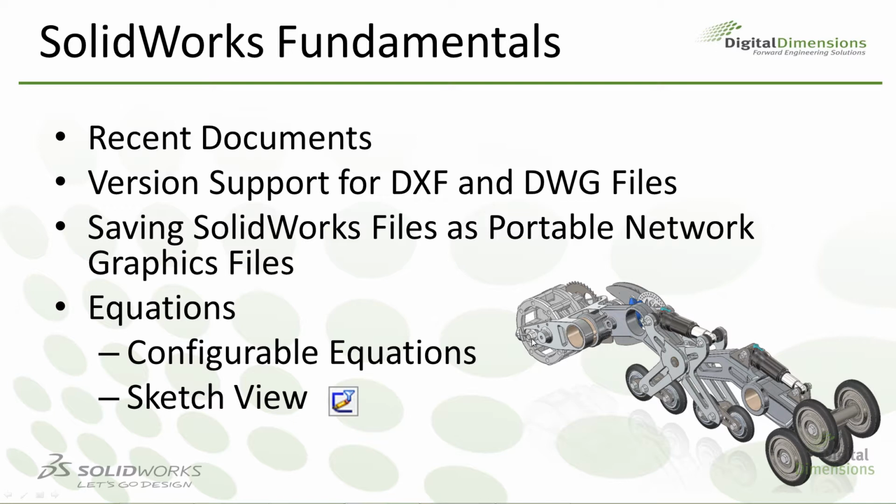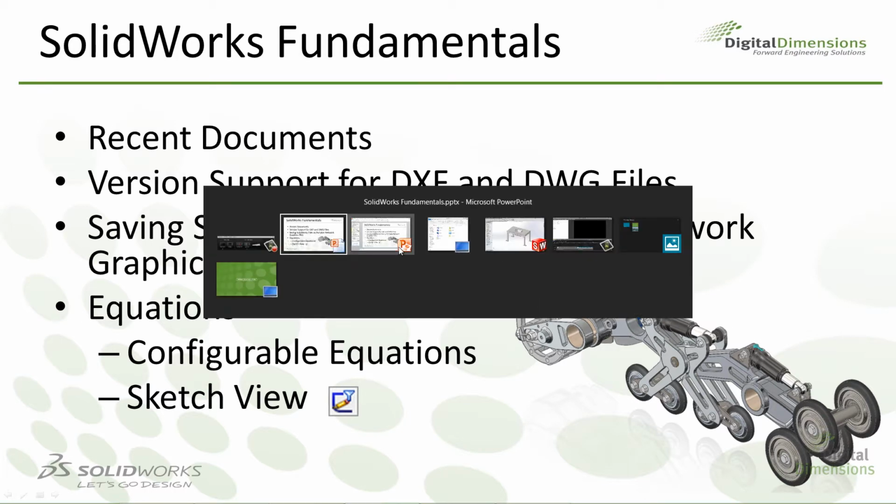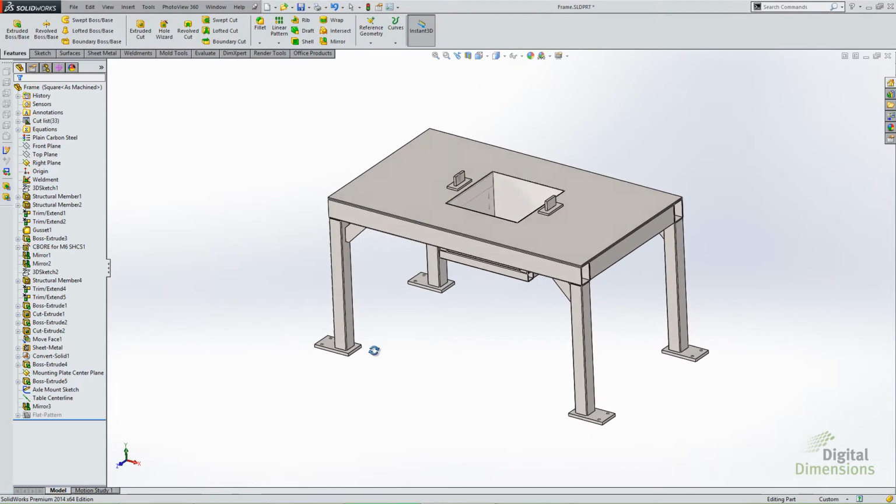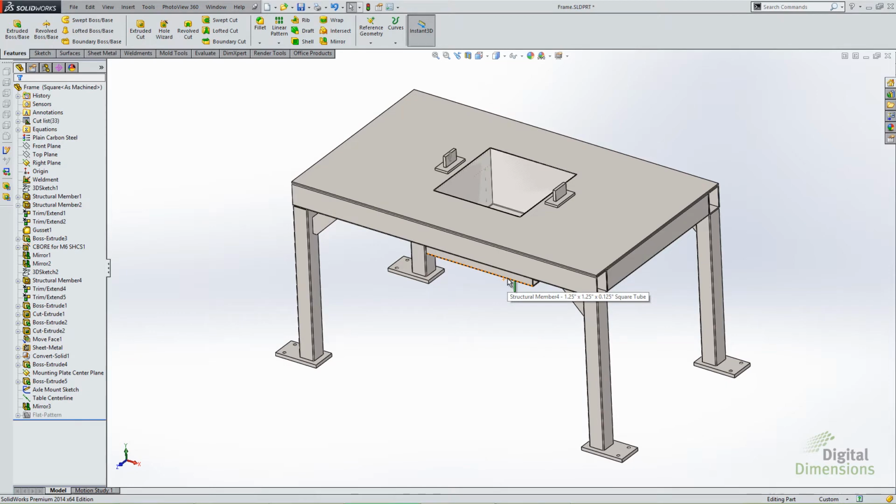So the next thing I want to get into are the enhancements to equations, and in particular, configurable equations. There's also a view option in the equations dialog box, but the big enhancement for the 2014 release are the enhancements to configurable equations. So let's jump right into it. Now, the big thing here is it's not so much an overhaul or a brand new functionality as it is ease of use.